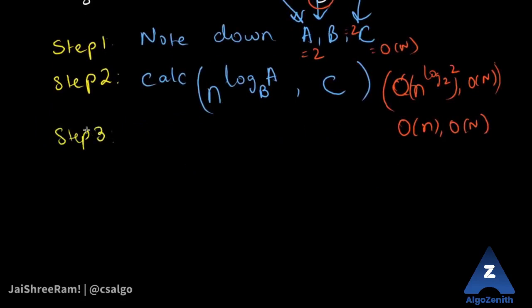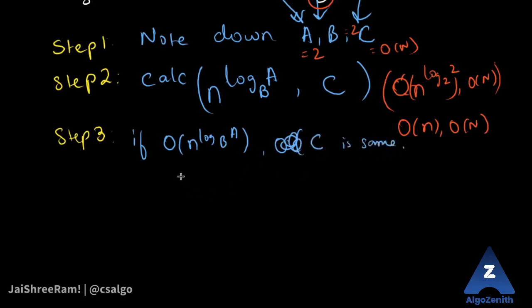Once we get to this, there is the final step, step 2, which is a case analysis. If order of n to the power log base b of a and order of c, or in fact c is already in order notation, are the same, then the answer is c log n.